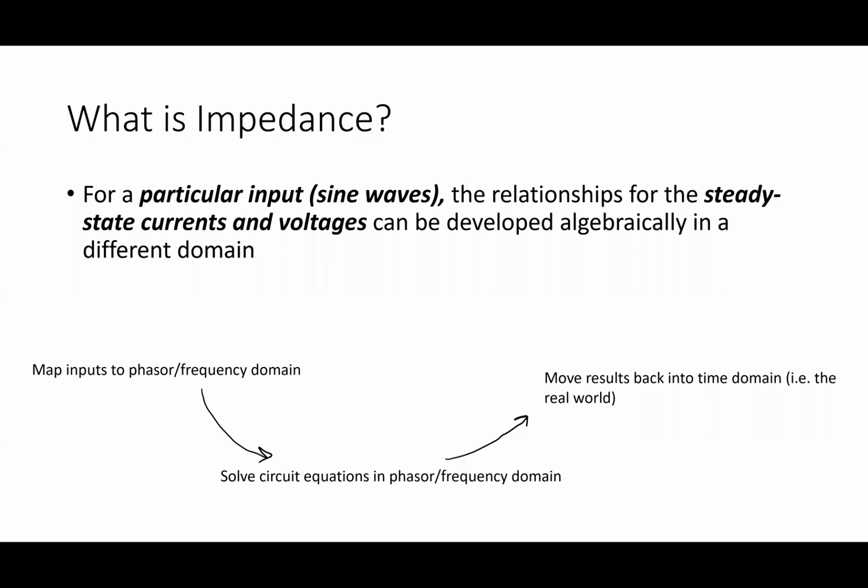So if I gave you A cosine omega t plus phi, you map that into the phasor domain. What's the phasor for A cosine omega t plus phi? A angle phi. Yeah, A angle phi.